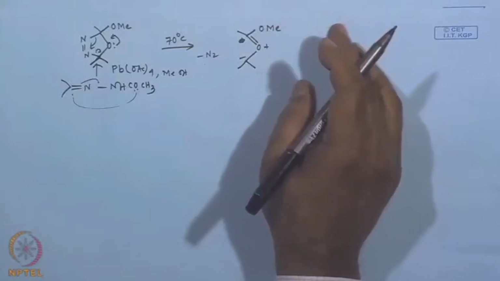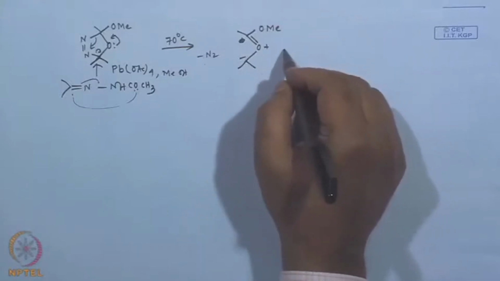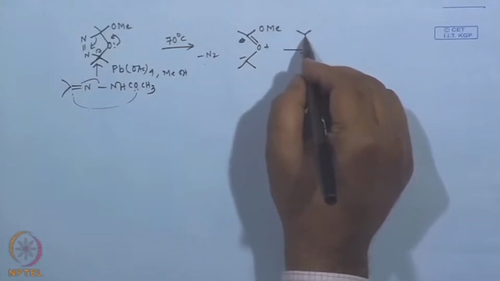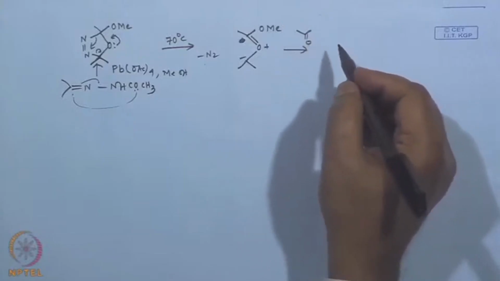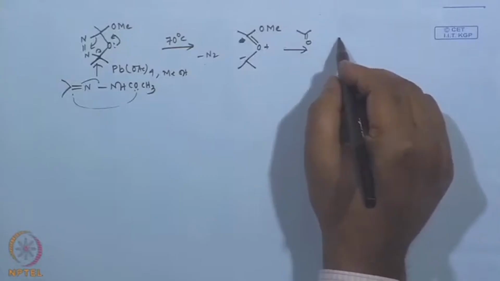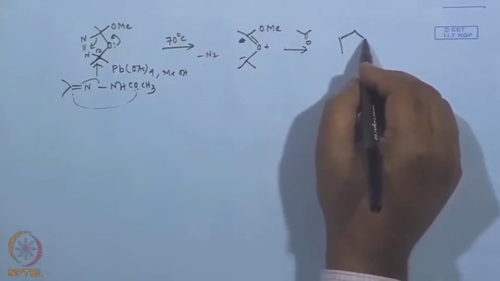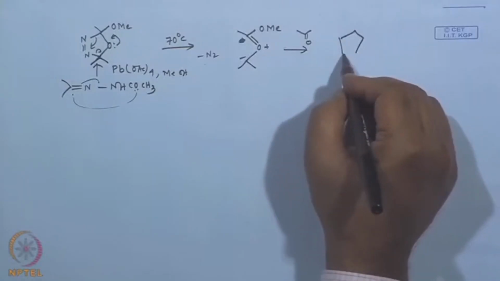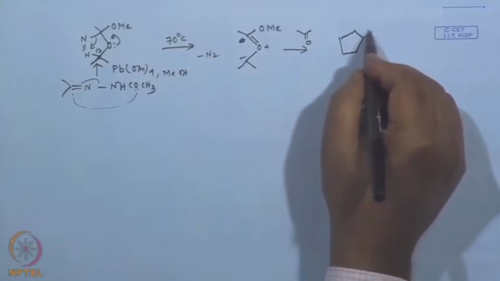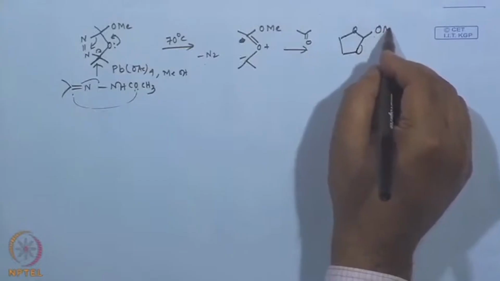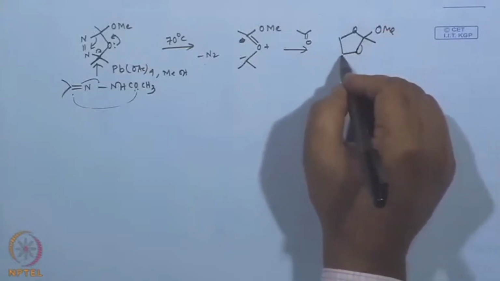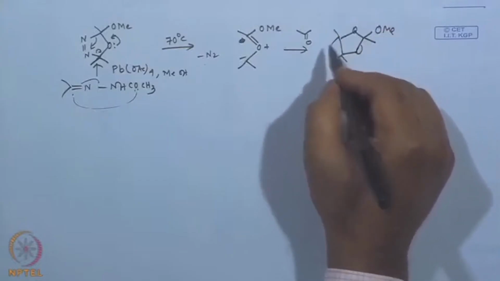Well proven means if you carry out the reaction in the presence of acetone, what you will find, the product that would be formed is again a 5-membered ring with 2 oxygens here and this OMe and this methyl and this.